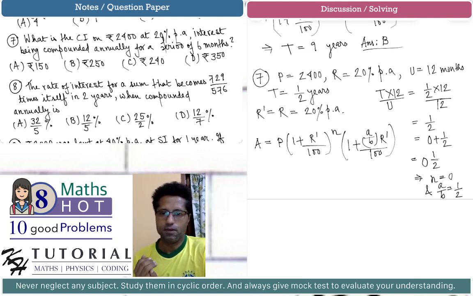When t multiplied by 12 divided by u is expressed as a mixed fraction n and a by b, that n and a by b is used in this formula.